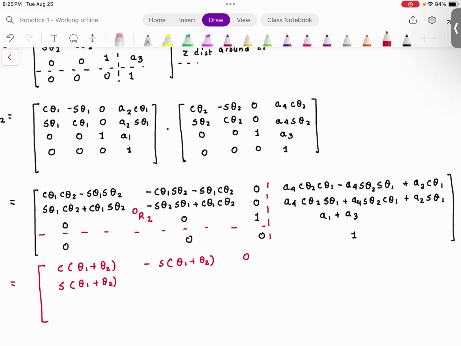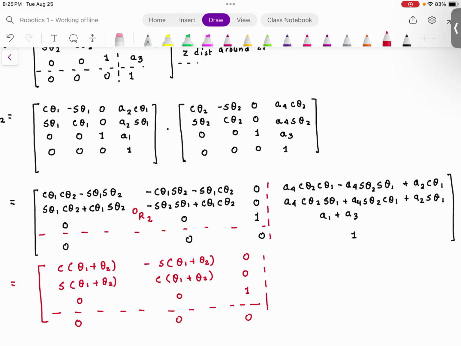And what is this? Cosine theta 1 cosine theta 2 minus sine theta 1 sine theta 2, which is nothing but cosine of theta 1 plus theta 2. This is 0. And then I have 1. This matrix is looking like the rotation about Z matrix, right? So something interesting is happening here. And let's figure out what is happening.